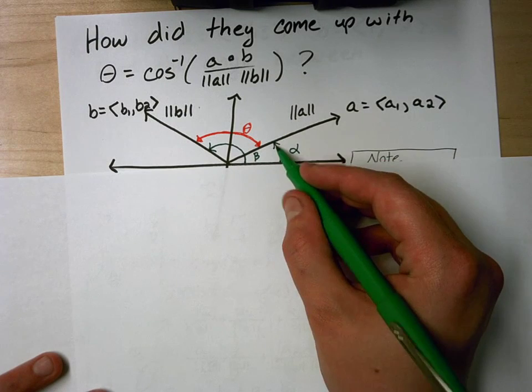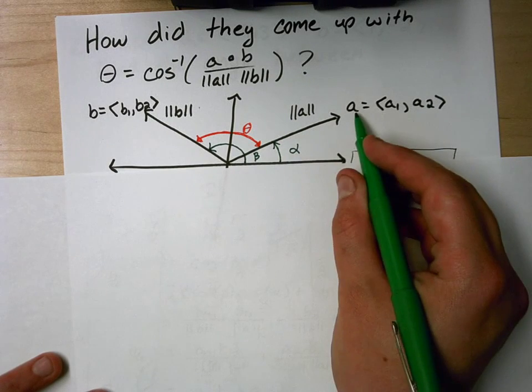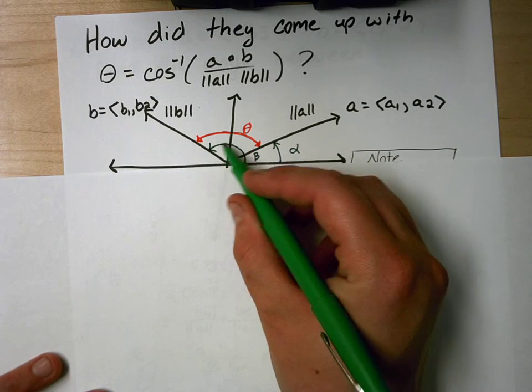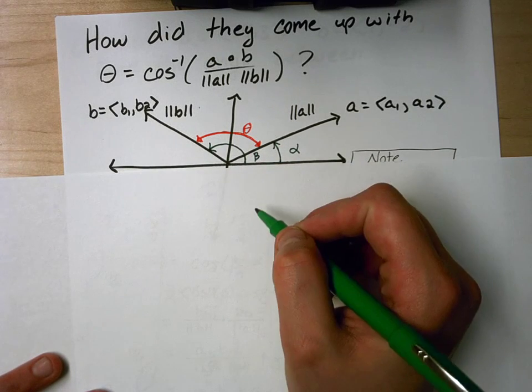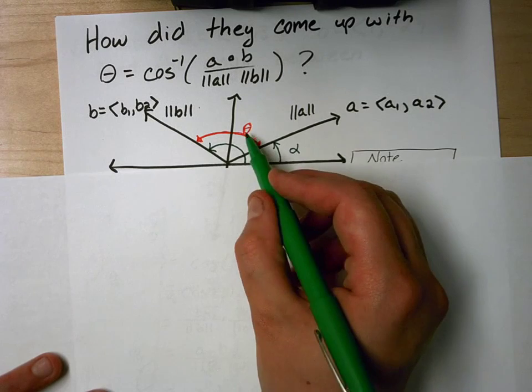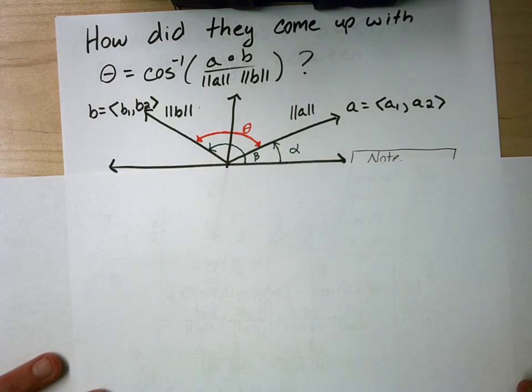Now let's make the standard angle created by A, let's make that alpha. Let's make the standard angle created by B beta. And let's make the angle that occurs between them theta. Okay.